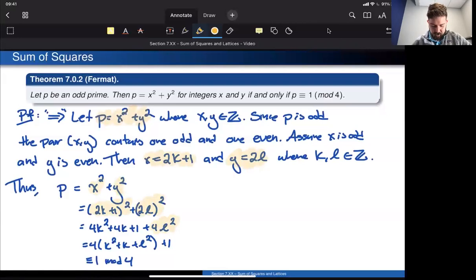If you blow up the 2k plus 1, that becomes, foiling it all out, 4k squared plus 4k plus 1, which if you stare at that thing, there's the nice little 1 that we're looking for, and everything else has a 4 in front of it. So that thing is definitely going to decompose down into a 1 modulo 4.